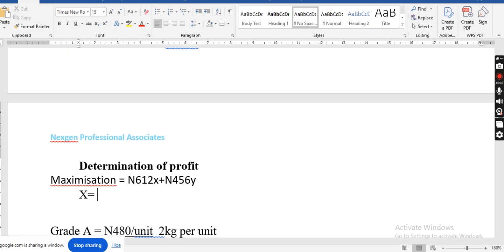X. What is our X unit? Don't forget, this 612 that you calculated is 612 Naira per unit. It is 612 per unit. And this is maximization. It is contribution per unit.